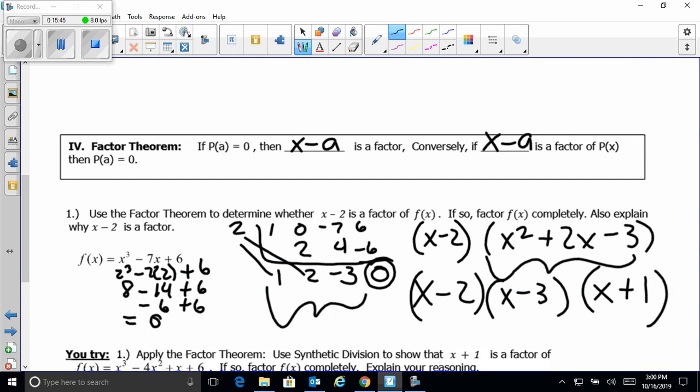From there, we could determine our solutions. Oops, sorry, I should have x plus. Double check that sign. I knew something was going wrong. And x minus 1. That's a plus.